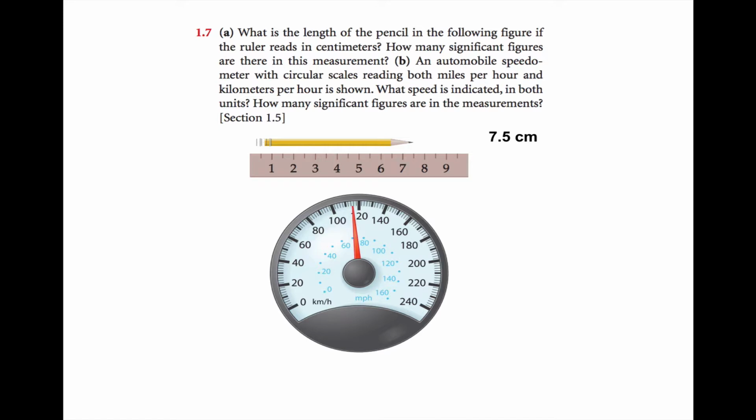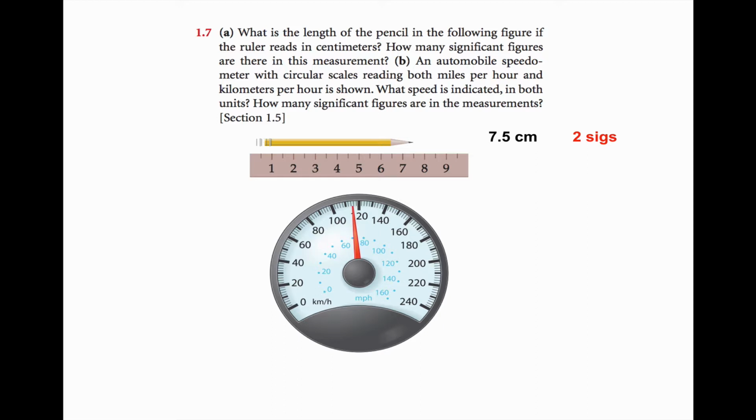This is my estimation on the 0.5, right? My eye sees 7.5 centimeters. So we understand there's a certain degree of uncertainty with that 5. So the significant figures here are the 7, which is the certain digit, and the 0.5, which is the first uncertain digit.